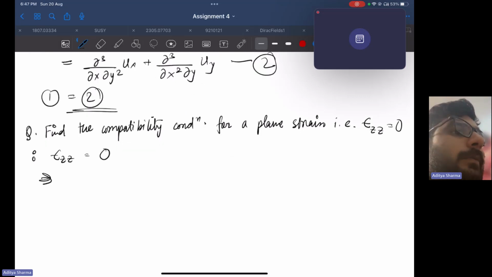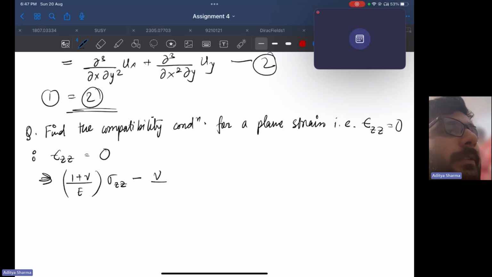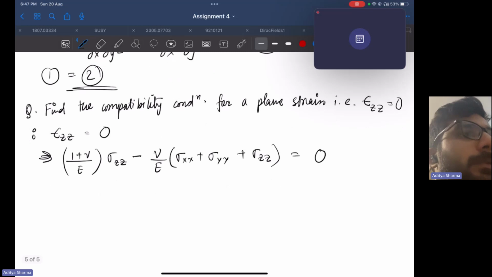And now we know what this ezz is. It's nothing but 1 by E sigma zz minus mu by E times sigma xx plus sigma yy plus sigma zz, which is equal to 0.